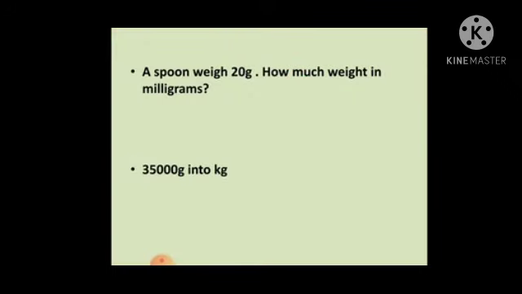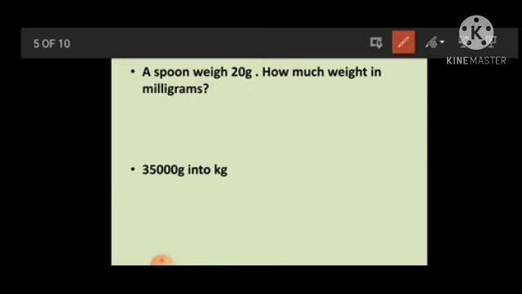Okay students, now next. A spoon weighs 20 gram. And how much is the weight in milligrams? Which unit is bigger? Gram. Gram is the bigger unit, and bigger unit converted into smaller unit, we multiply.